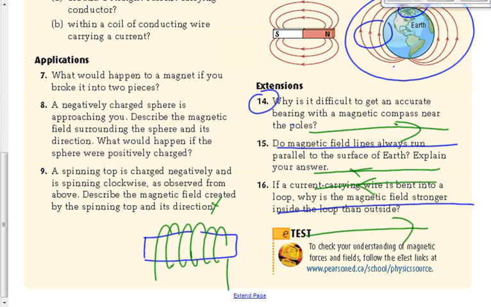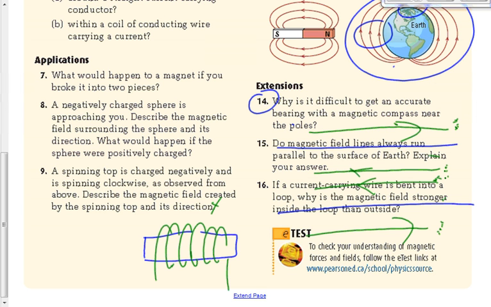So this magnetic field right here isn't connected or interfering with or adding to the effect of this magnetic field right here. But the magnetic field inside the coil caused by this wire is going to constructively add up with this magnetic field.